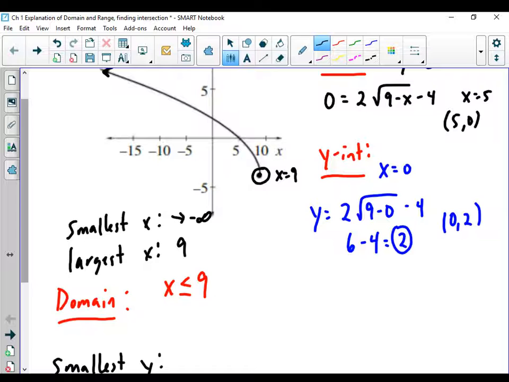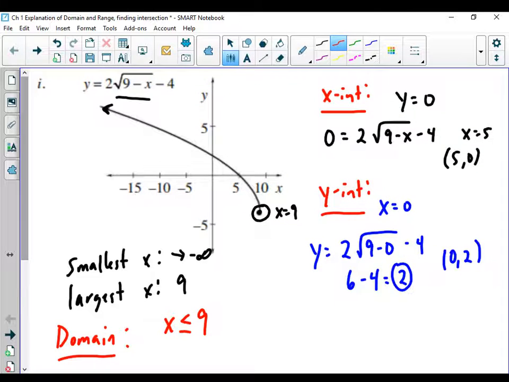Well, I know it started at that point when x was equal to 9. But I need to figure out, well, what was the y value there? Well, if I were to plug 9 into my equation, I'd have 9 minus 9 or 0. The square root of that is still 0. 2 times 0 is 0. And 0 minus 4 is negative 4. So that means this y value was negative 4. And that was the smallest y that I had.